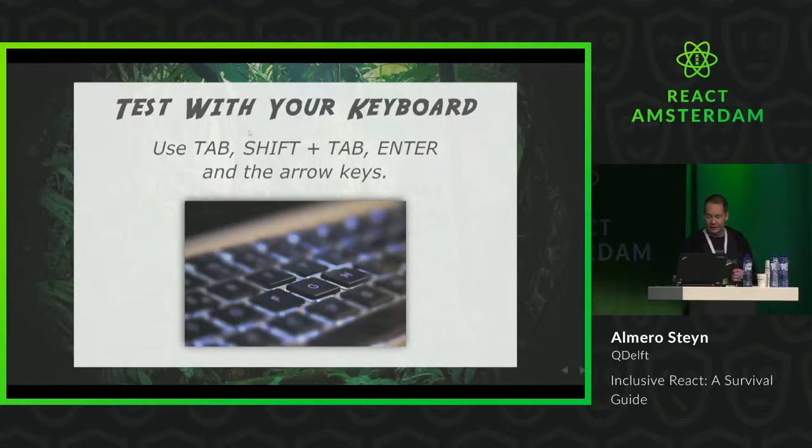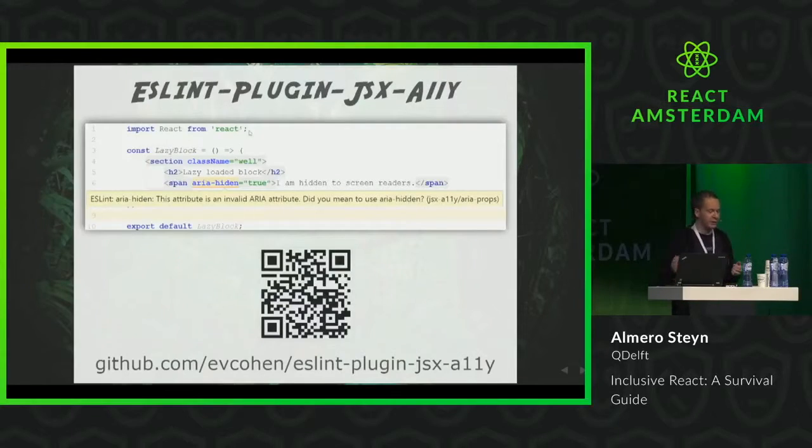So consider fixing this. Then we've got, as React developers, something like the ESLint plugin JSX A11Y. And A11Y is just short for accessibility. This is a plugin for ESLint that extends the rule set of ESLint by about 30 accessibility rules that will check your JSX if you're doing something that will later on impede the accessibility of your application.